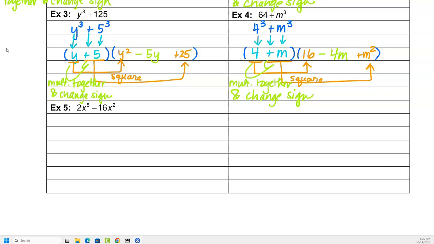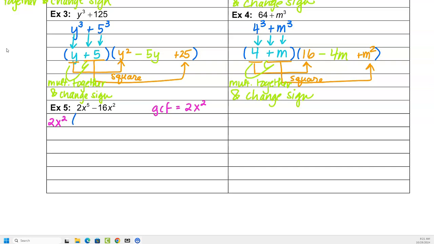We're good? Okay, so then this last one, I noticed, do you guys see there's a GCF this time? Do you see it? Both terms have the 2, and both terms have x's, the smaller x's too. So I can take out a 2x squared. So I'll do that here. So 2x squared.